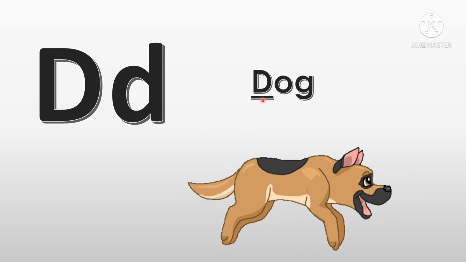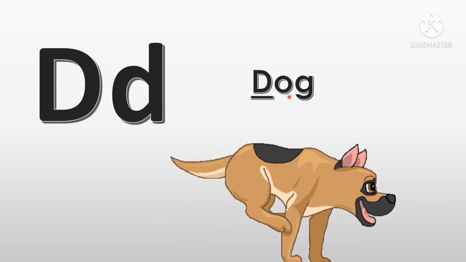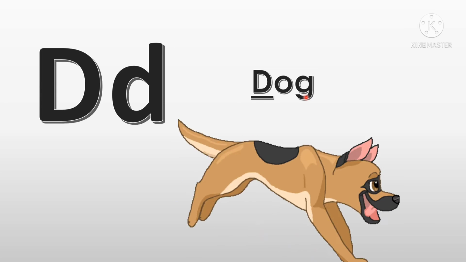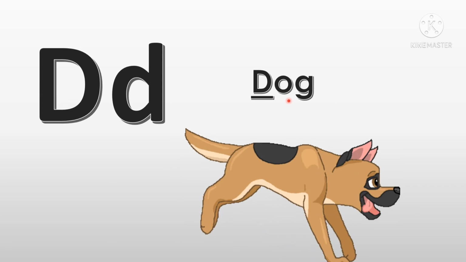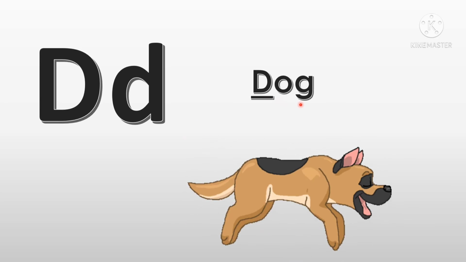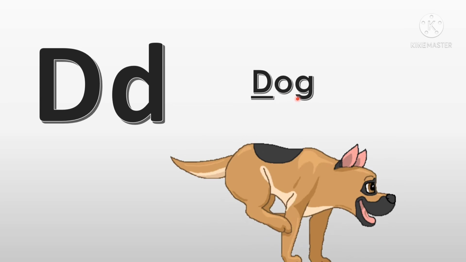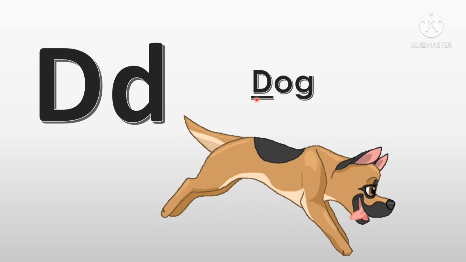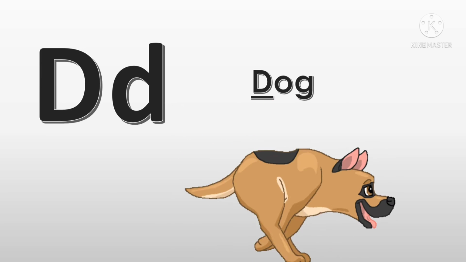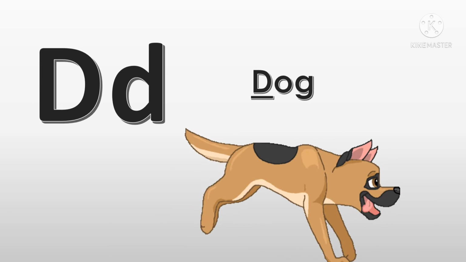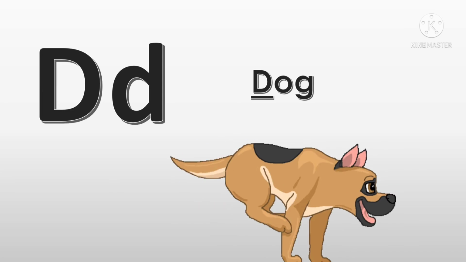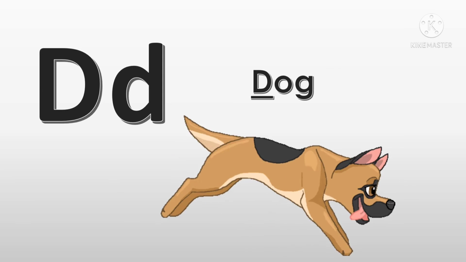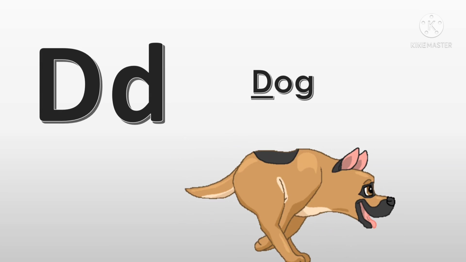And then we have the O and then the G. We can say dog, dog, dog. Very good. Can you say it one more time? D, d, dog, d, d, dog.